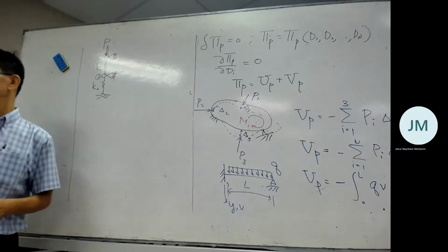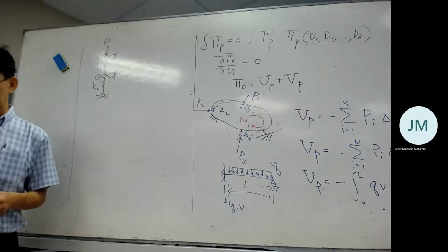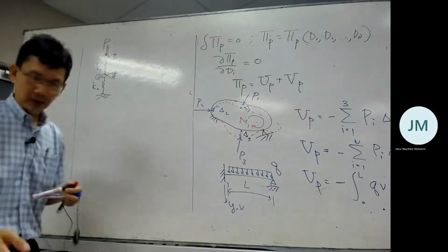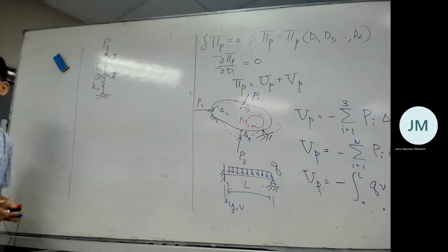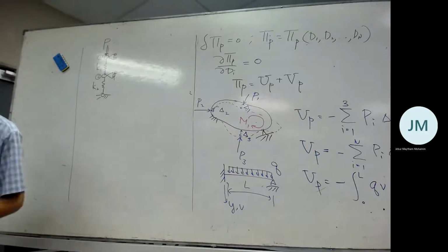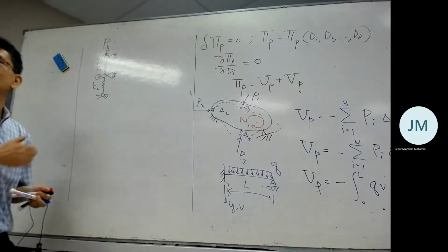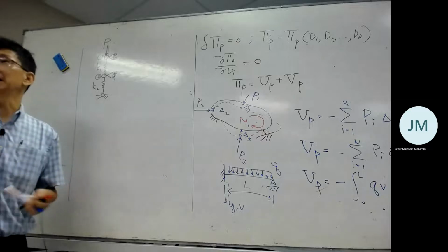So we need to go back to the definition of degrees of freedom. Degrees of freedom is defined as the total number of independent displacements that you need so that you can represent the deformation of the structure at any time.